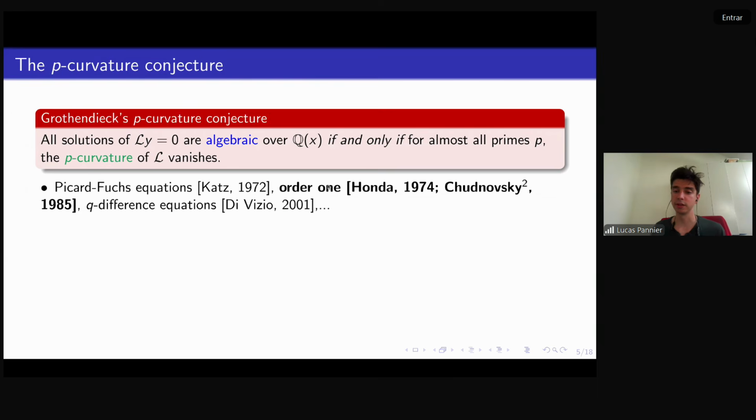So order 1 with a rational coefficient has been proved by Honda in 1974, and then his result has been generalized by Chudnovsky in 1985 to any first order differential equation with algebraic coefficients. What is the most interesting in this proof is that the tools used allow us to make an effective statement. I will explain in a few minutes what we call an effective statement here.